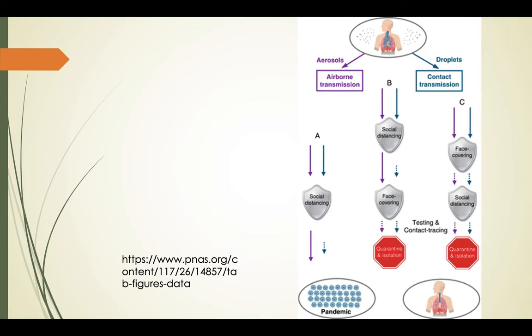So, mentioning that narrative, I have presented here the mitigation paradigm presented in this paper. It shows several scenarios of virus transmission under different mitigation limits. For path A, if social distancing is implemented, how strong is airborne transmission and contact transmission?